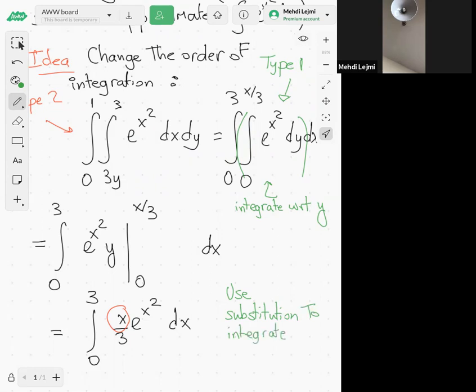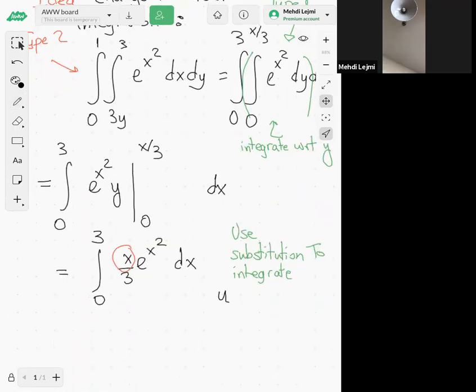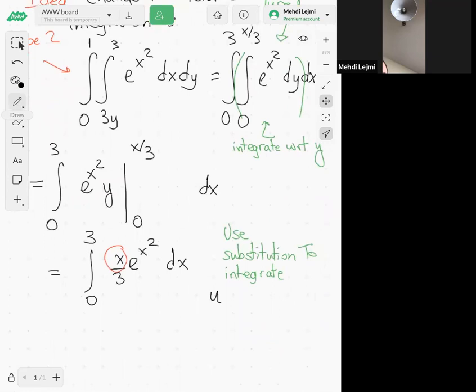So let's say u is equal to... what will be the substitution here, guys? Well, x squared. Yes, u is equal to x squared. So then du, the derivative of u, would be the derivative of x squared, which is 2x.